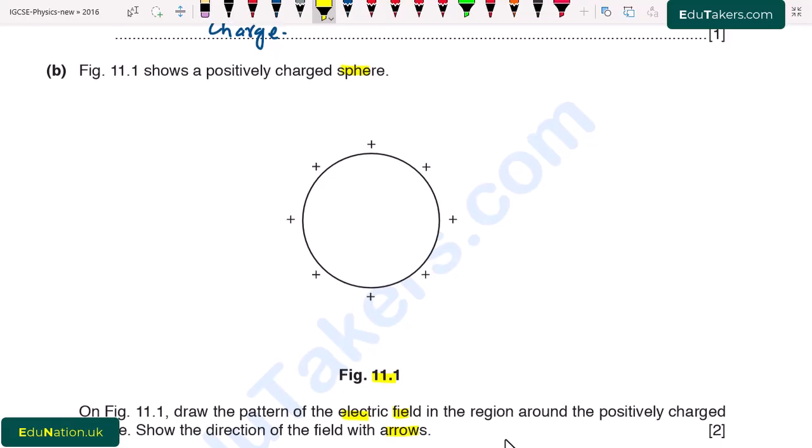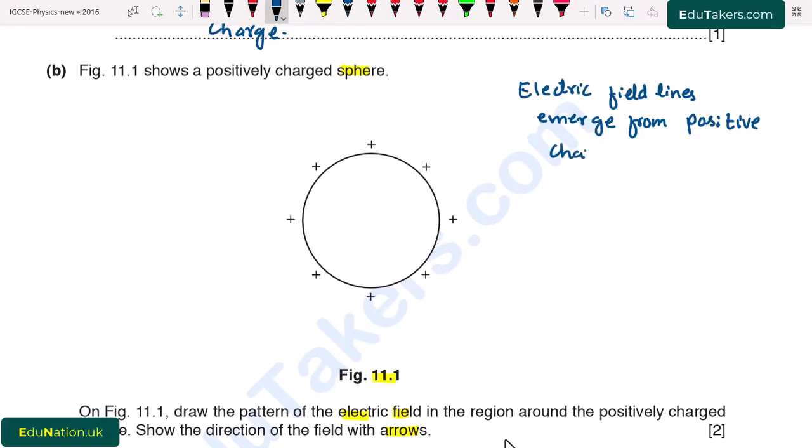So here we have to draw the direction of the electric field in the region around the positively charged sphere. So first of all, we know that the electric field lines emerge from the positive charge and enter into the negative charge. I write here electric field lines emerge from positive charge and enter into negative charge.